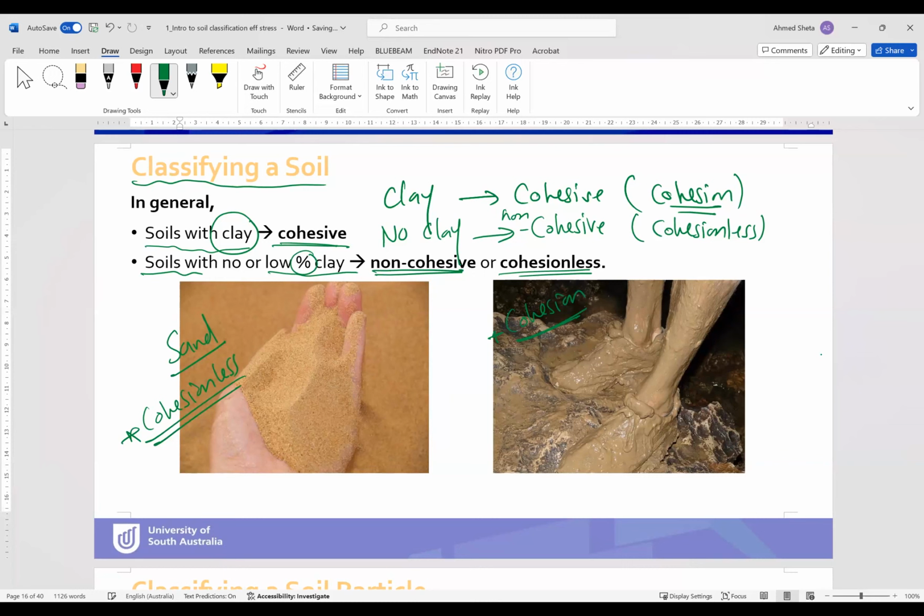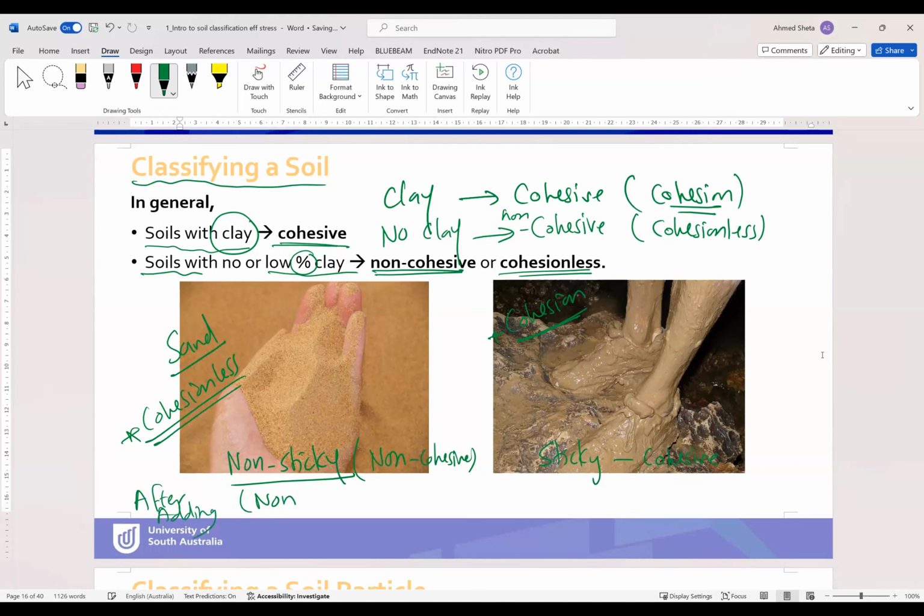If I ask you how to differentiate between sand and clay: if you hold the sand, it is non-sticky because it is non-cohesive. But the clay is sticky because it is cohesive. Also, if you add water to sand, it is still non-cohesive.